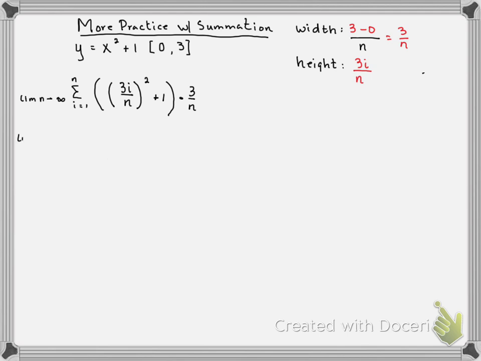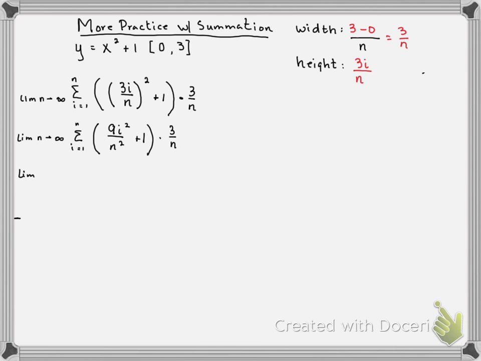Okay, so that sets up our summation to find the area. And yes, you need to write the limit as n approaches infinity of the sum from 1 to n of (9i squared over n squared plus 1) times the width of 3 over n.